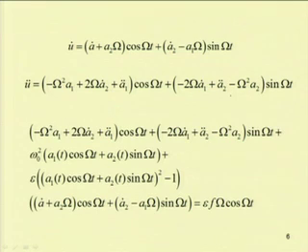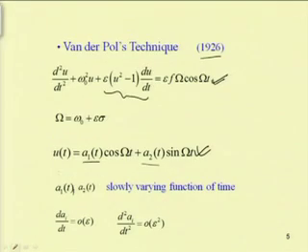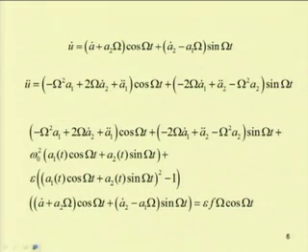Substituting u double dot, u dot and u in the governing equation, d square u by dt square plus omega 0 square u plus epsilon (u square minus 1) du by dt equals epsilon f omega cos omega t, we got this expression.